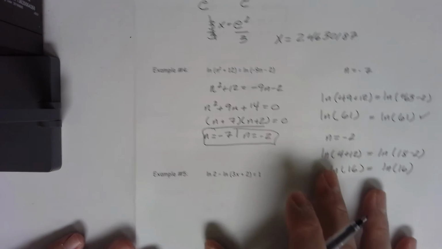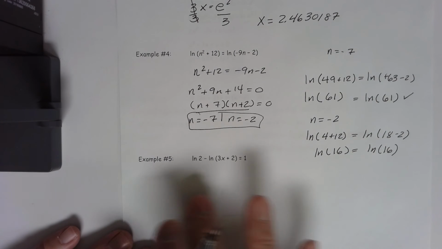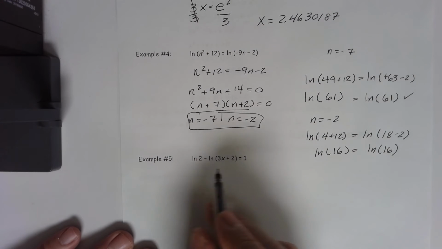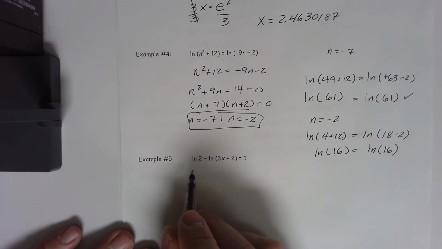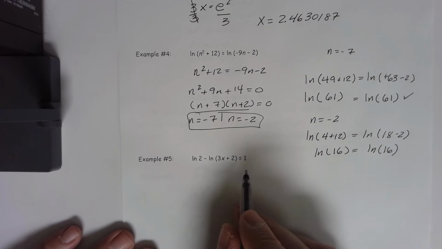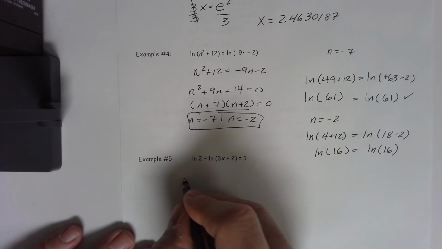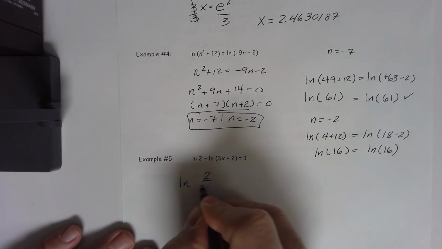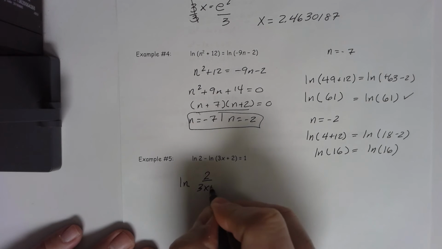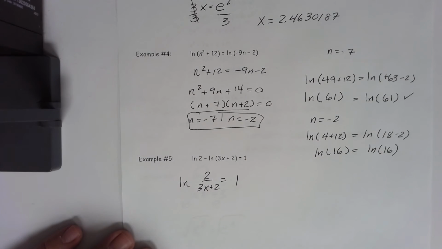Now, the last example here looks a little different. There's division going on here, but we can't bring anything over. I mean, I could technically subtract the ln of 2 from the 1, but why make a mess out of that side? It's just easier to say this is the ln of 2 divided by 3x plus 2 is equal to 1, right?